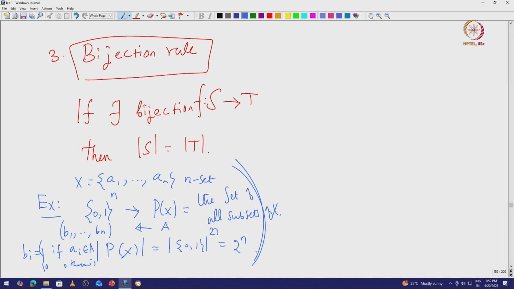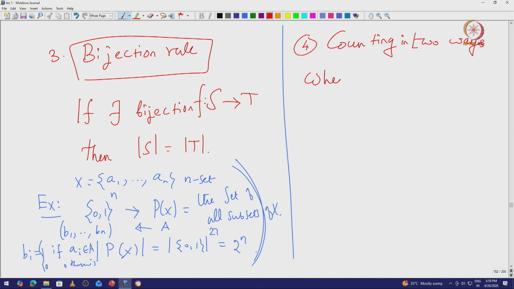Okay. So, the fourth rule actually talks about counting in two different ways. When two formulas enumerate the same set, then they must be equal. That is what counting in two ways says, which again we have used before.